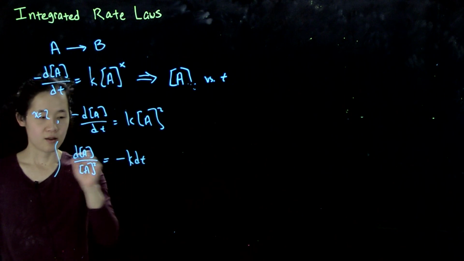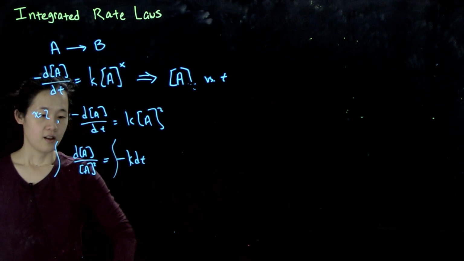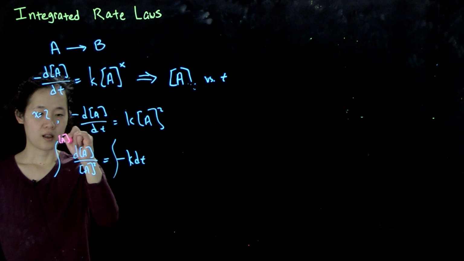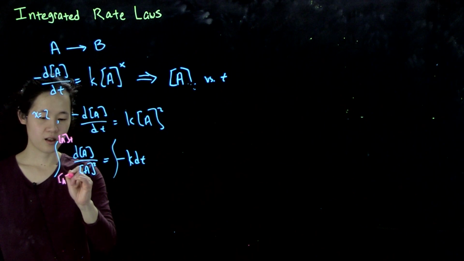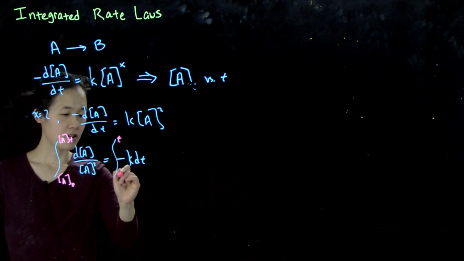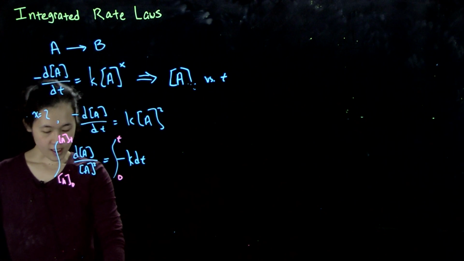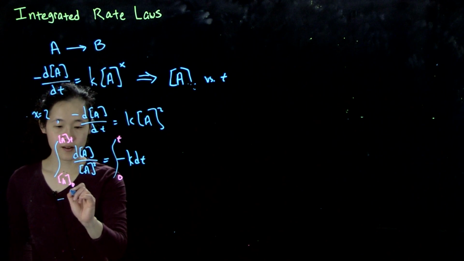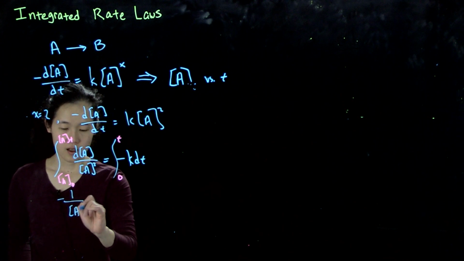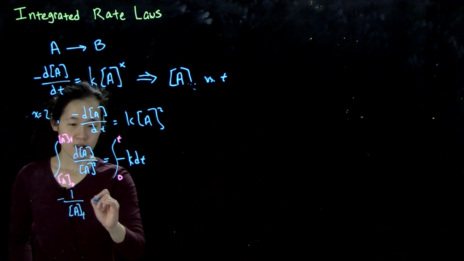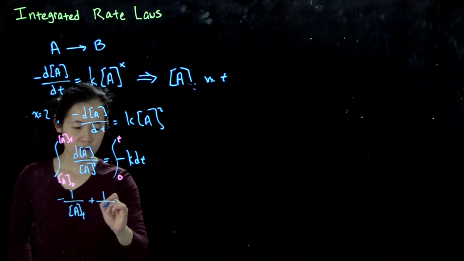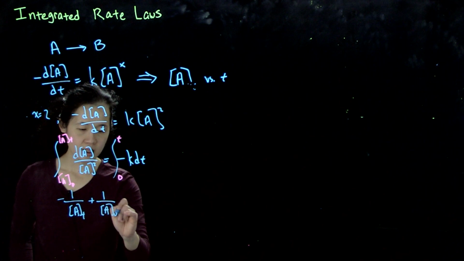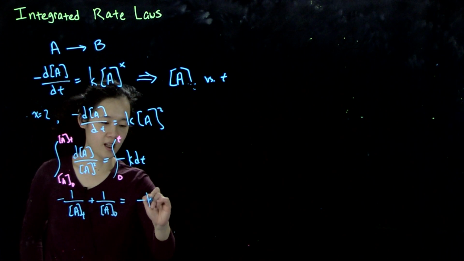And again, we integrate from A at t to A naught. And what we should get out is negative 1 over A_t plus 1 over A naught equals negative kt.